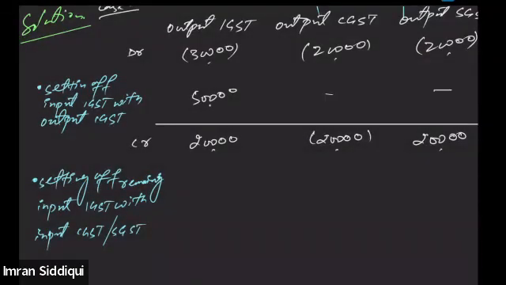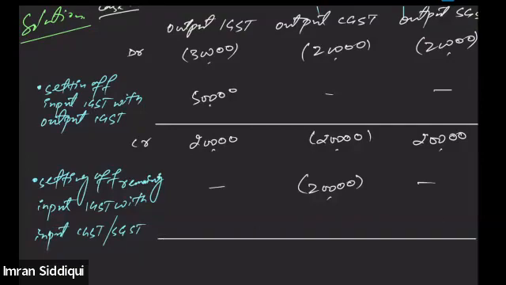So we will be subtracting the amount of input IGST with the output CGST, and then we will be able to completely set off the IGST. In that case, there will be nil balance, right?